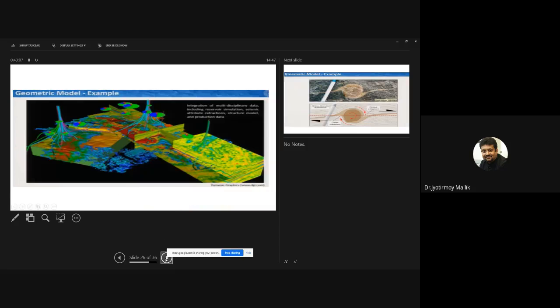Okay, so now we talked about this, we will talk about it later on. For example, this is a particular model which has been generated in the oil and gas industry. This is nothing but a geometrical model again, where different layers, faults, and folds are drawn, and then their hydrocarbon disposition is drawn, and these are the wells people have actually put, and then do some dynamic modeling around it and see how the fluid flows from one place to the other.